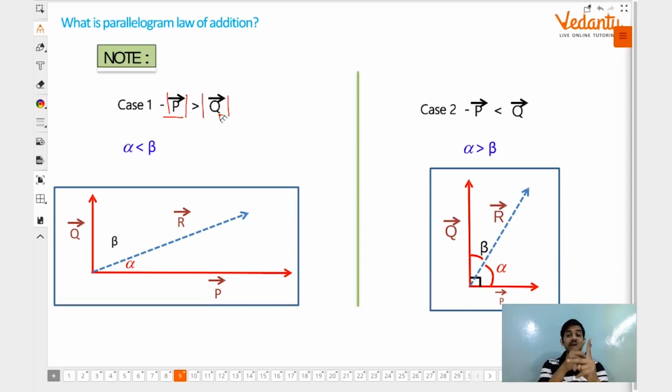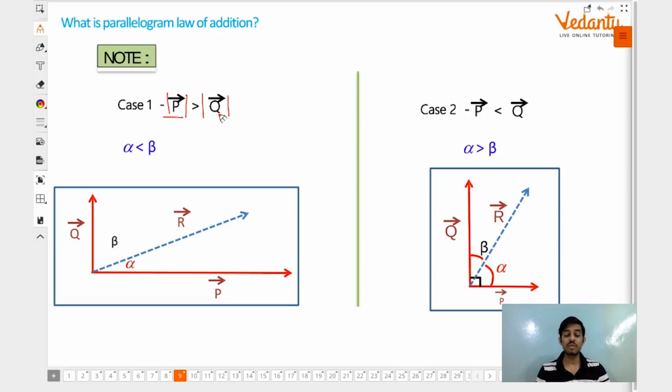Agar P and Q are equal, then the resultant will be equally aligned, means at 45 degree with both. If value of P is greater than that of Q, magnitude wise, okay, obviously the resultant will be inclined towards P. Agar Q की value ज़्यादा हुई, तो resultant will be inclined towards Q. That's common sense. Clear, guys?